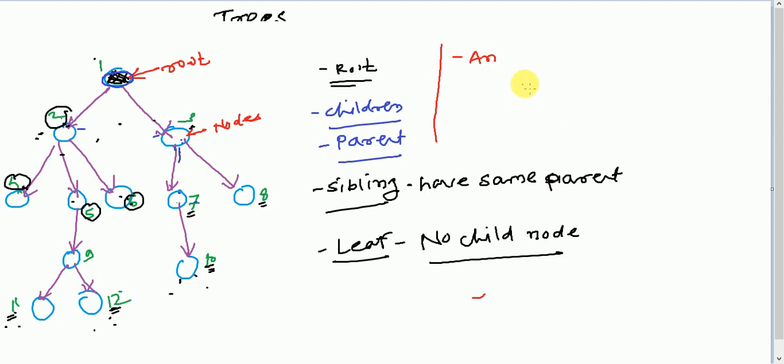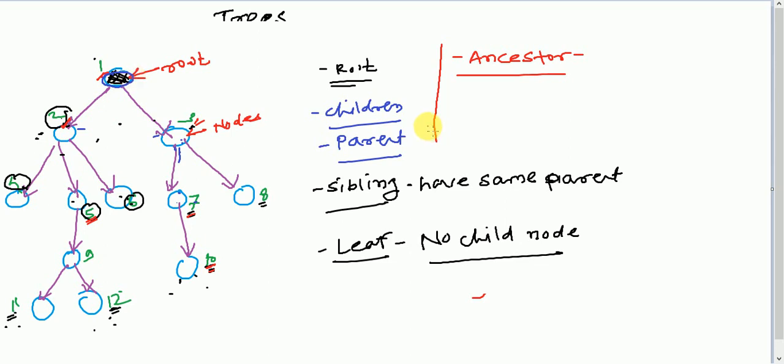Look here now. The ancestors of node 10 are node 7, node 3 and node 1. Then ancestors of node 5: who are the ancestors of node 5? Ancestors of node 5 are node 2 and node 1. Okay, towards the root, we are considering all the nodes coming in the path from that particular node.